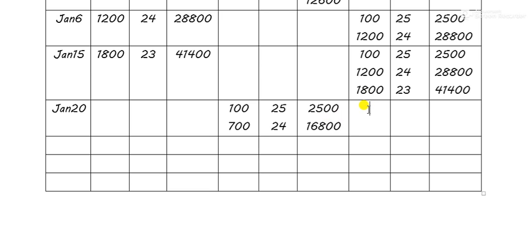The balance left: the 100 kg is gone completely, from 1200 only 700 was issued so 500 is still left, and 1800 is completely left. So 500 at the rate of 24 is 12,000, and 1800 at 23 is intact at 41,400.